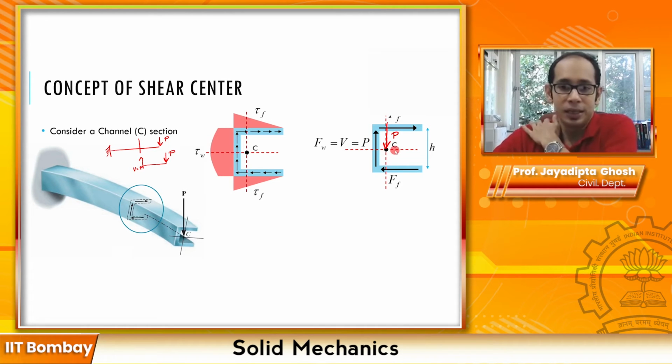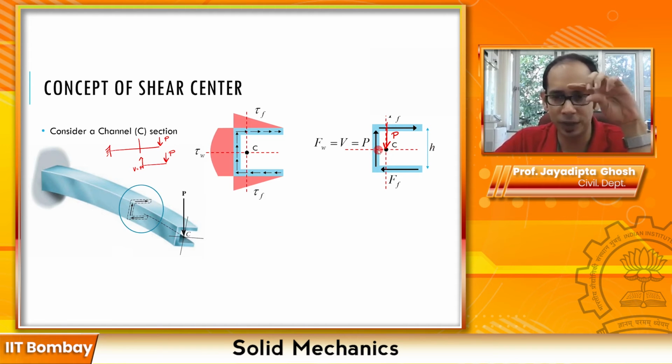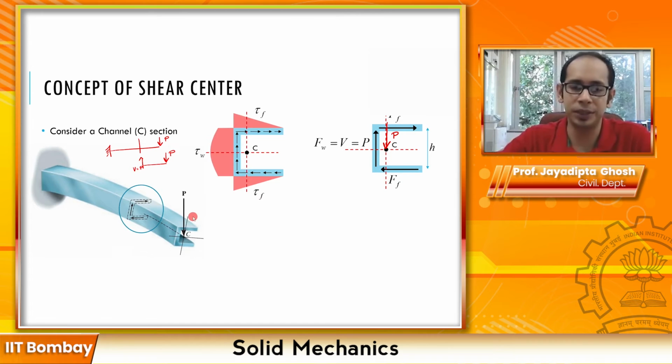Now take a look at these forces. This Ff and this Ff are equal and opposite forces separated by a distance h. Similarly, this P and this P are equal and opposite forces separated by some distance wherever the centroid is. Can you now understand why, along with bending, you also have a certain amount of twisting? Yes, you're right.